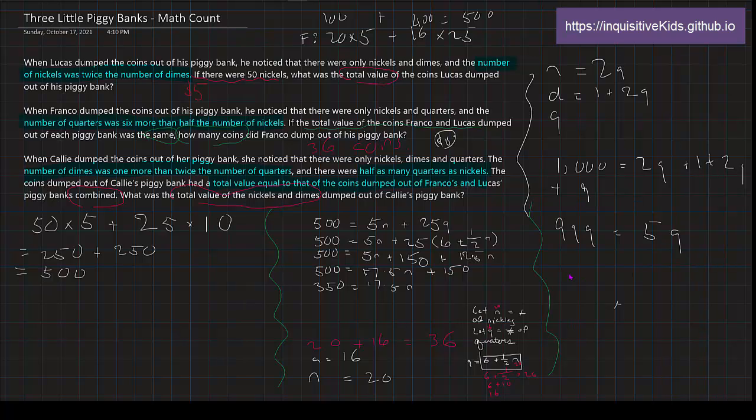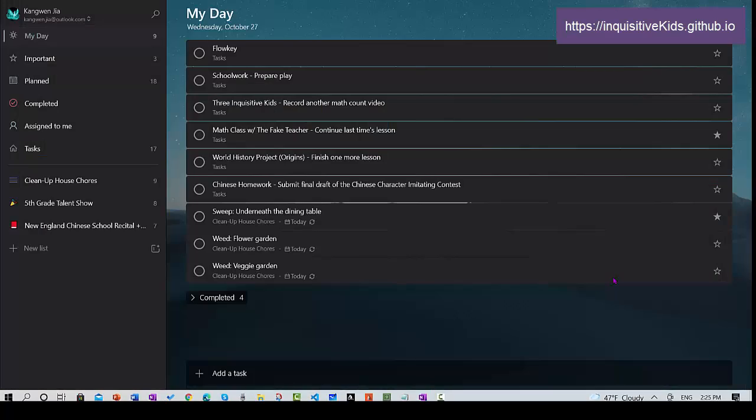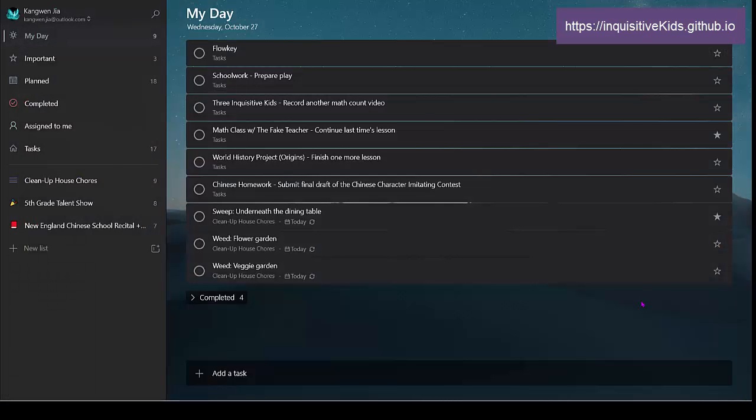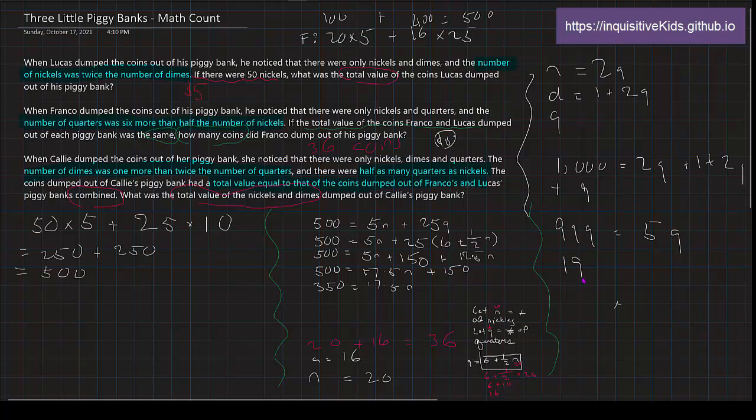And then we do 999 divided by 5, which is 199.8 equals Q. But over here we're going to put in the values of the dimes. So let's calculate. And we don't need a Q anymore.